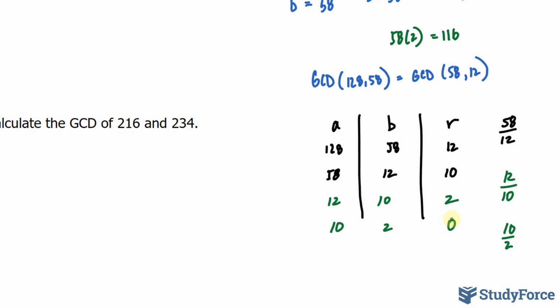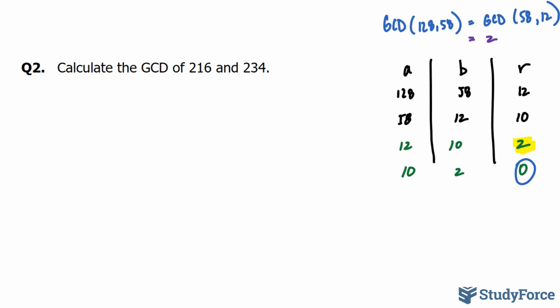So once we've reached the remainder of 0, the previous remainder, which happened to be 2, represents our GCD. So the GCD of 128 and 58 happens to equal 2, which is also the case for 58 and 12, or 12 and 10, or 10 and 2, and so on.